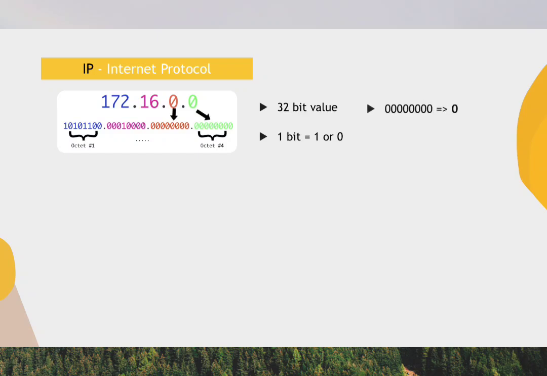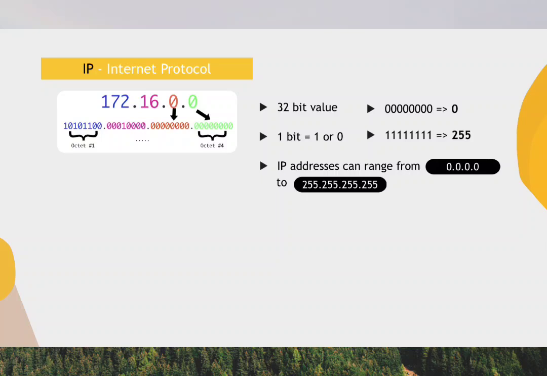And an octet with all ones, so 8 ones, is the number 255. That means an IP address value can be any combination between 0.0.0.0 and 255.255.255.255. So that's how an IP address is made up.